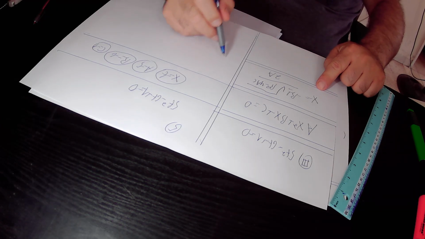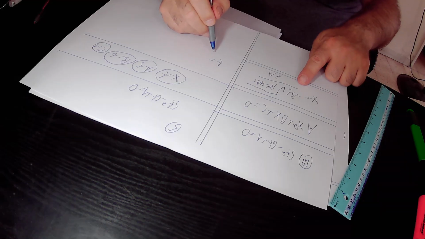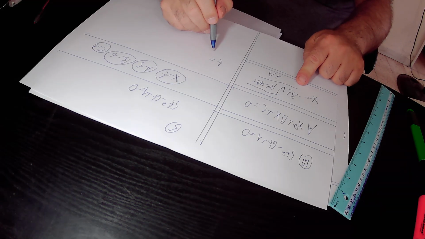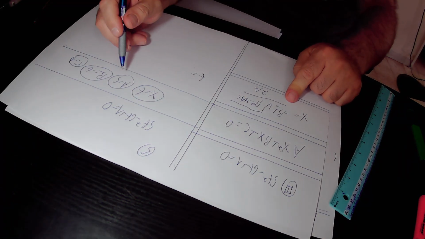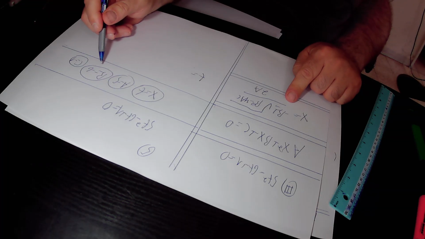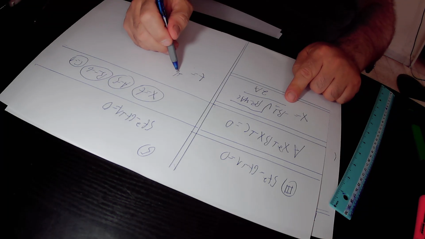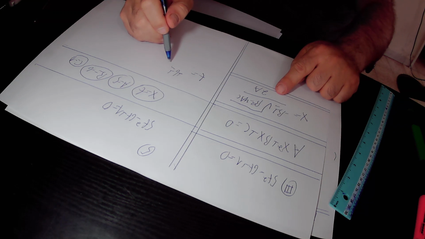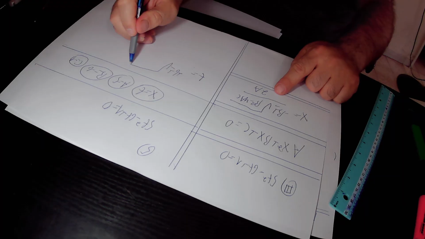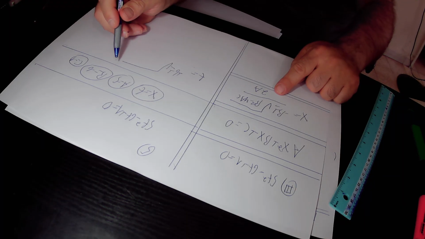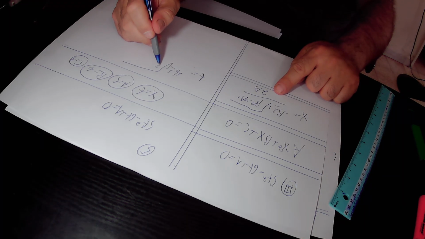So we do it now, and we get that x equals t, so we substitute x by t, and it equals minus b. b is minus 6, therefore minus b is minus 6, that is plus 6, plus minus the square root of b squared. b is minus 6, therefore b squared is minus 6 squared, that is 36.